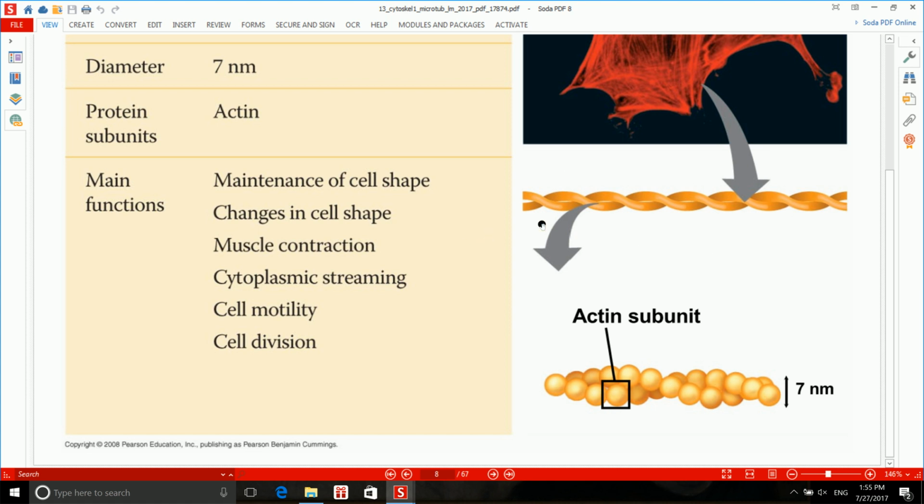But we're going to talk about the basic things you need to know of actin's role in muscle contraction. And then we've got cell motility, cell division, and cytoplasmic streaming. Again, these are not as important as muscle contraction and maintenance of the cell shape.